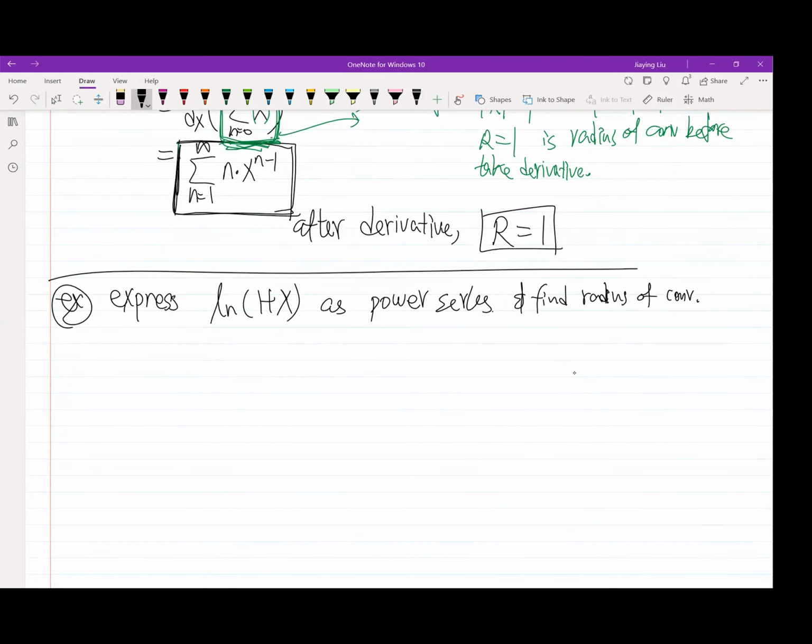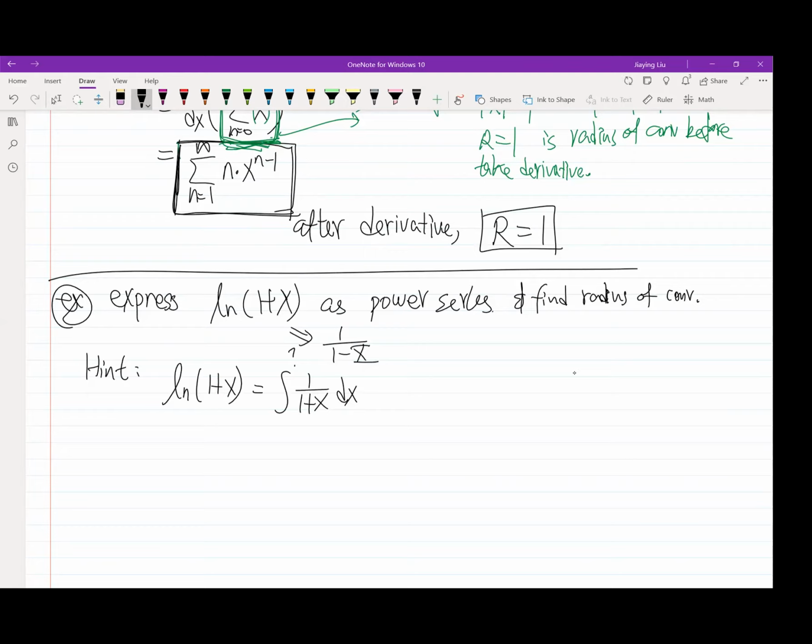So again, natural log of 1 plus x, it's difficult to just write as 1 over 1 minus capital X. It's difficult to put into this form directly. Right, so that doesn't work. So the hint here is to use the fact that natural log of 1 plus x is equal to the integral of 1 over 1 plus x dx.